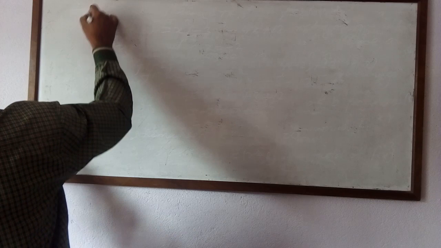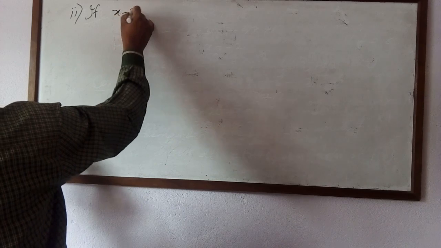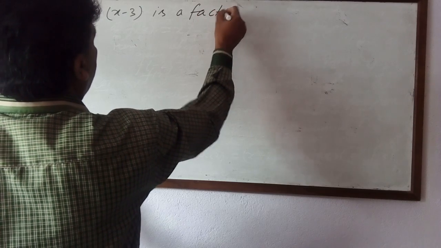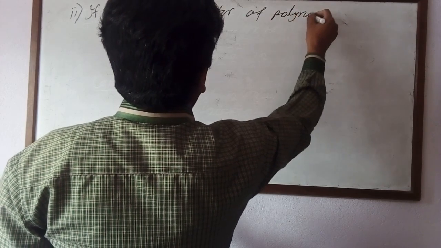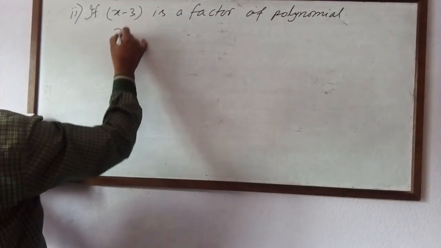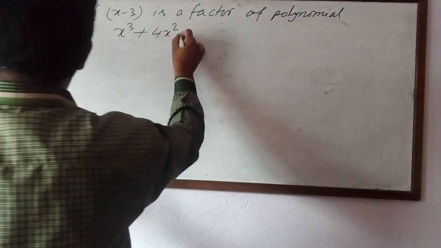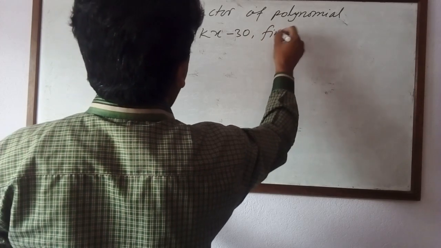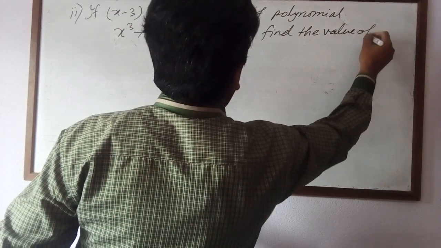Question number 2: if x minus 3 is a factor of the polynomial x cube plus 4x square plus kx minus 30, then find the value of k.